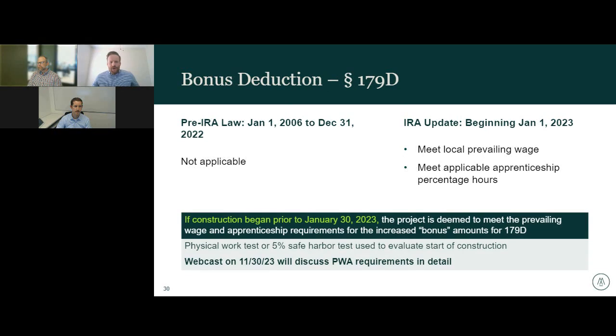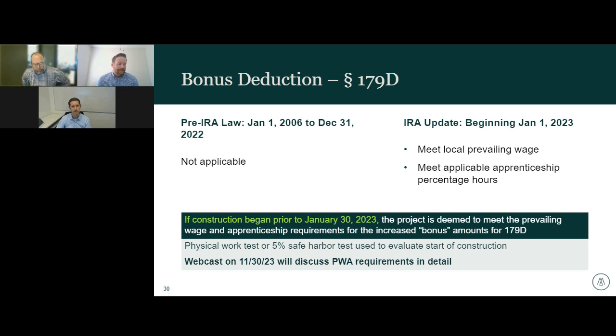All right, so now we're going to discuss how to qualify for that significantly higher deduction rate of up to $5 per square foot. On this slide and in this presentation, we've referred to that as the bonus deduction range. That is available when local prevailing wage and apprenticeship labor hour requirements are met.